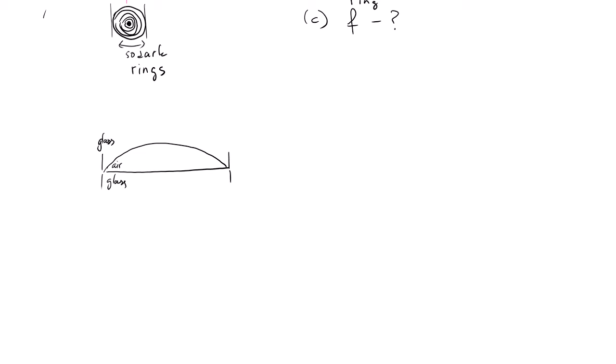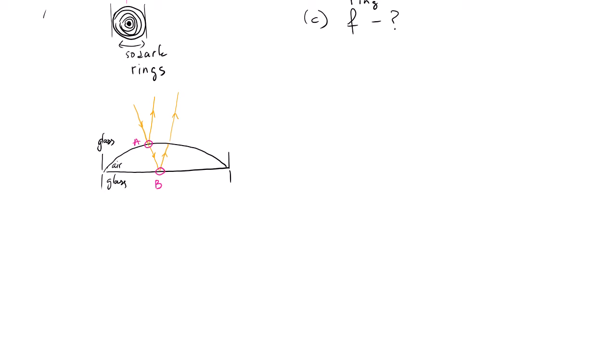When the light is incident on the glass-air interface, it's going to partially reflect, and then it will just refract through the air, okay, and then reflect from the air-glass interface, the bottom interface. Okay, so there are 2 points, point A and point B, where reflection happens.